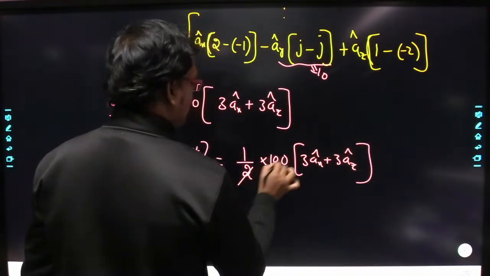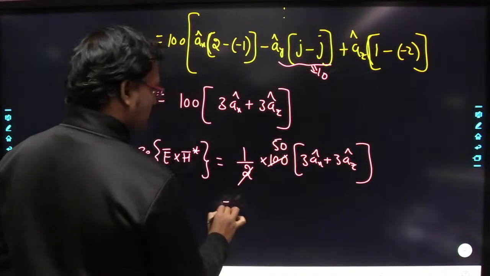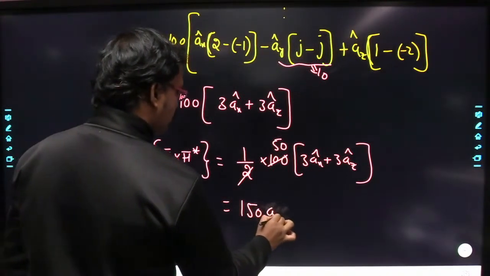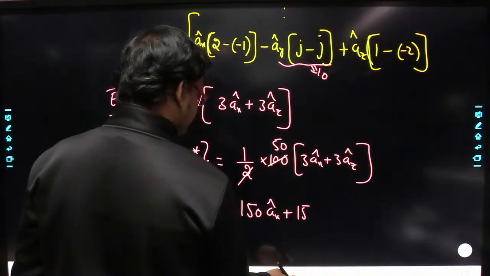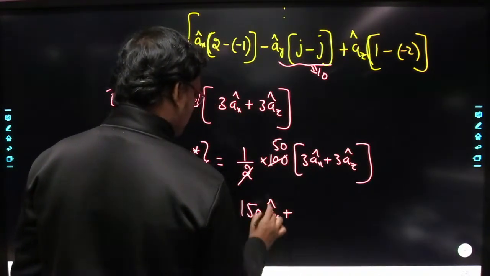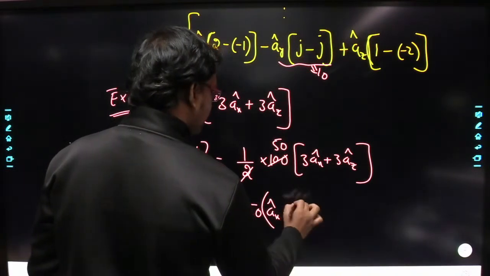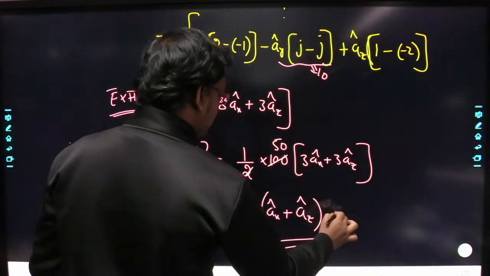So you are going to get 150 ax cap plus 150 az cap, or you can take 150 common: 150 into ax cap plus az cap watt per meter square.